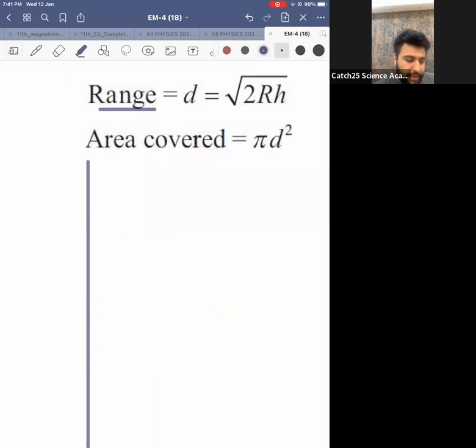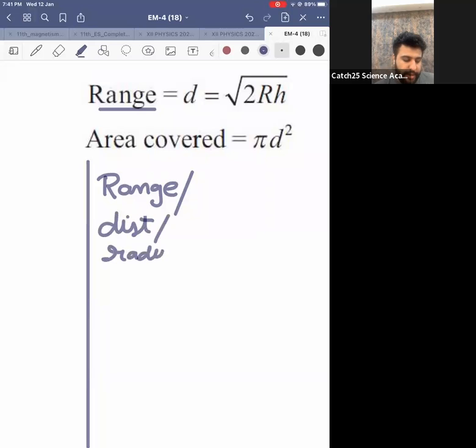So listen to me. The range covered, what is the other name for range? The distance covered or the radius of an antenna.